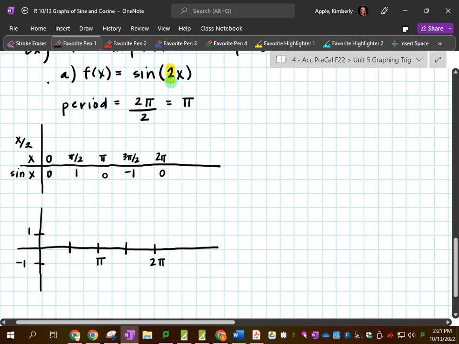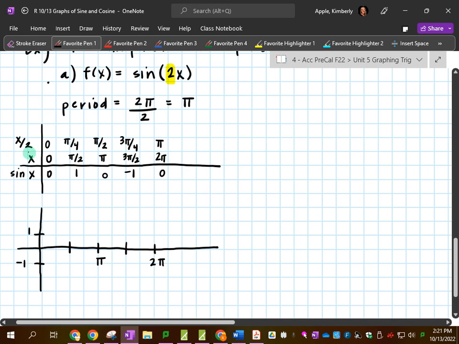If this is multiplied by 2, I'm going to divide the x values by 2. And so this will be 0, this will be pi over 4, this will be pi over 2, this will be 3 pi over 4, and this will be pi, which is exactly what I expect, right? If my new period is in fact pi, I would expect to get a full cycle there.